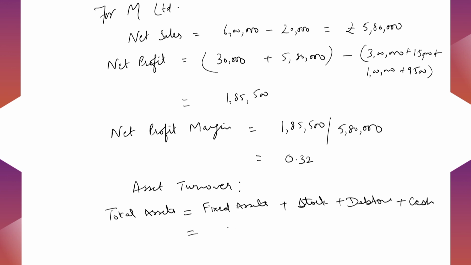We have the fixed assets 1,50,000, stock value 90,000, debtors 75,000 and cash 60,000. So we reach the figure of rupees 3,75,000.